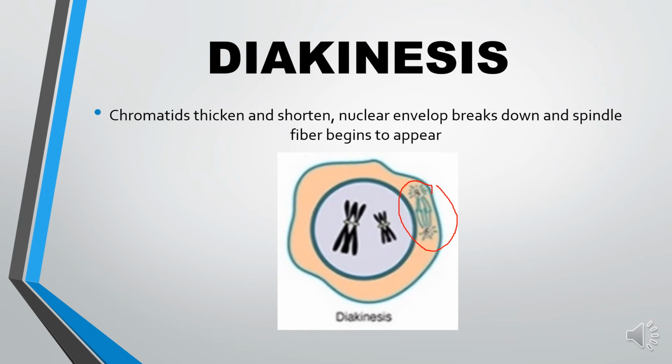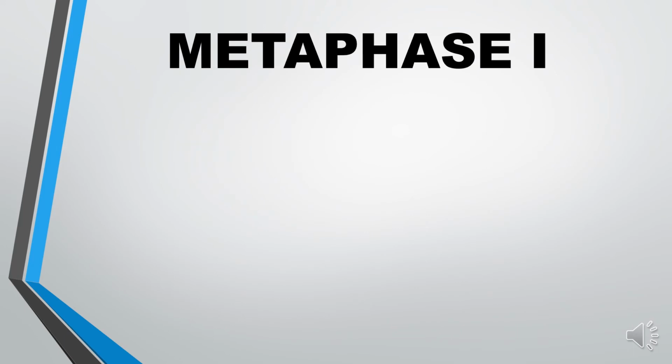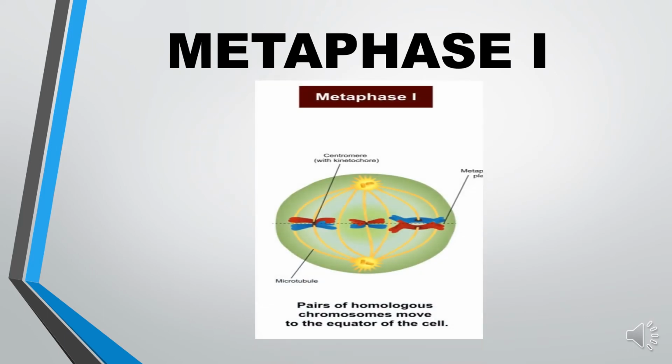So now let's proceed to the metaphase. In metaphase 1, pairs of homologous chromosomes move to the equator of the cell.